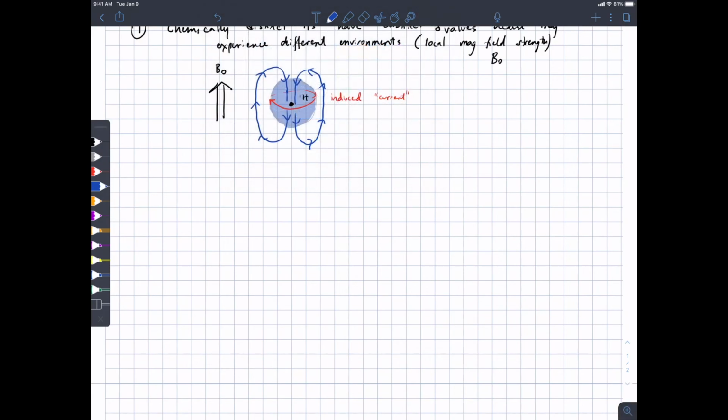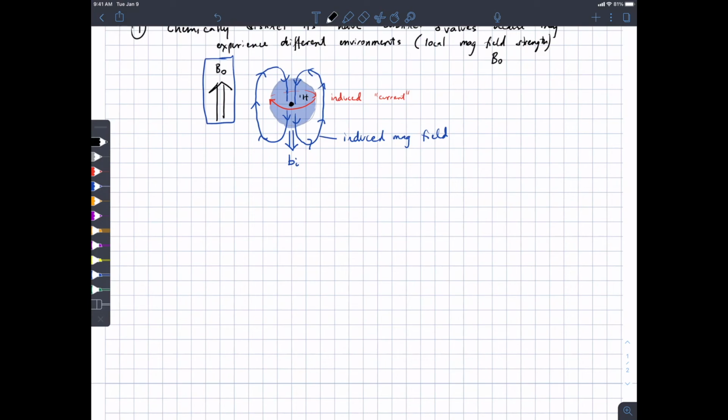So if you look at where the proton is, this is our induced magnetic field, generated by the electrons in response to the external magnetic field that we're adding. At that particular point, the field lines oppose the external magnetic field. So we might call this little letter b with a subscript i to mean induced magnetic field.